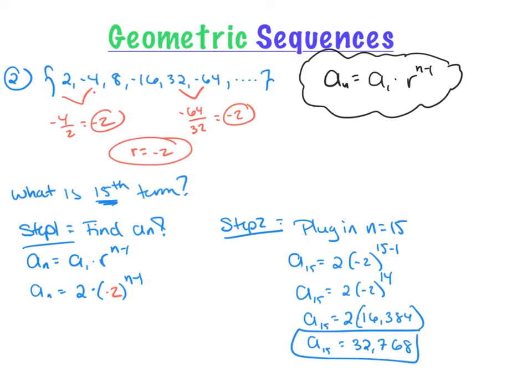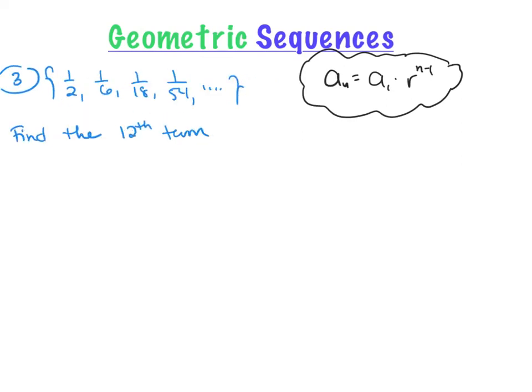Great. Let's do one final example. For our last example, let's look at the sequence 1/2, 1/6, 1/18, 1 over 54, and so on. And kind of similar to example 2, let's find the 12th term. So for starters, let's make sure that this is in fact geometric. So take two consecutive terms and divide them. 1/6 divided by 1/2.